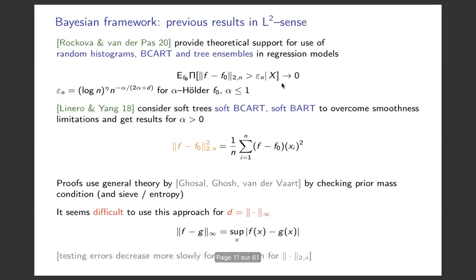Now we can describe two very interesting recent contributions on Bayesian tree and forest posteriors.